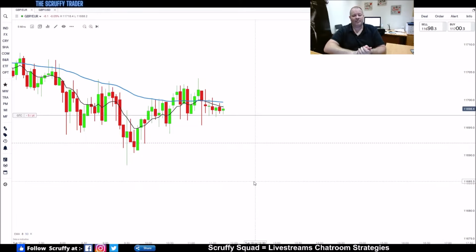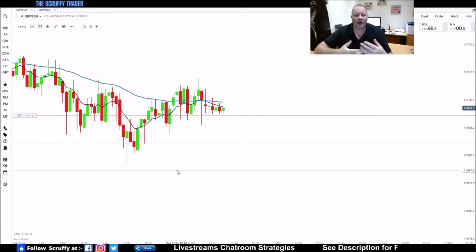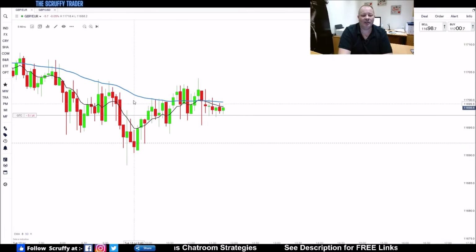And just to recap, before I let this play out, you are looking at 2 moving averages, a 50 and an 8. You are looking for them to be in alignment. In other words, if the 8 is below the blue or the 50, you will be short. If it is above, you will be long.